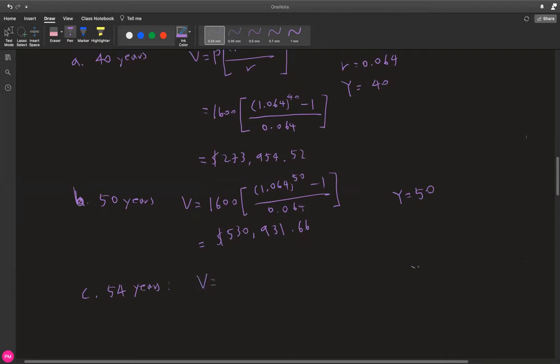So that would imply that y now equals 54. And just by doing so, you should be able to get 1.064 to the power of 54 minus 1, and you can simply divide it by 0.064.